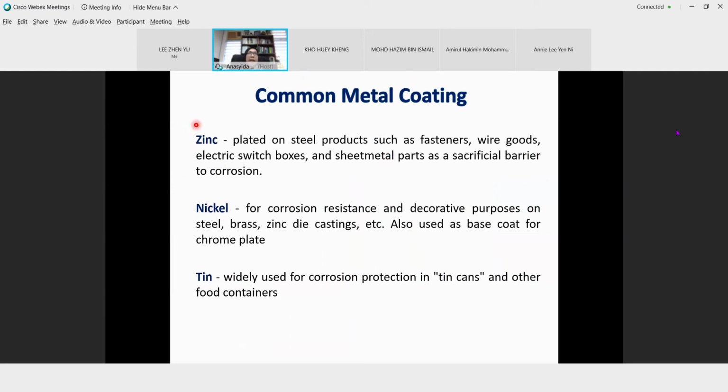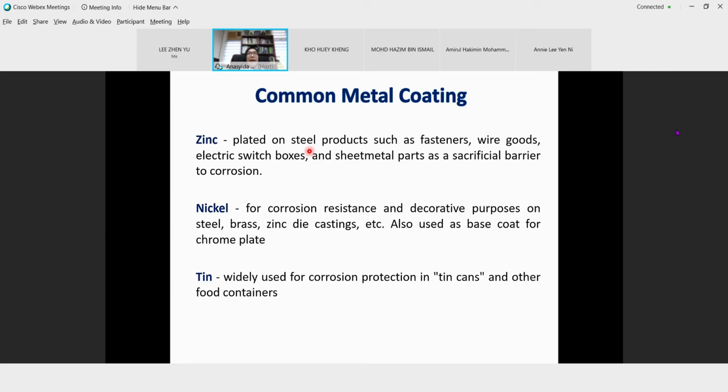So you can actually use either electroplating or galvanizing. For example, like fasteners, wire goods, electrical switchboards, they can easily plate them because the part is not so big, right? So we can use a plating concept. So why do we plate with zinc for steel? Because you remember that from the electrochemical series, zinc is on the bottom, right?